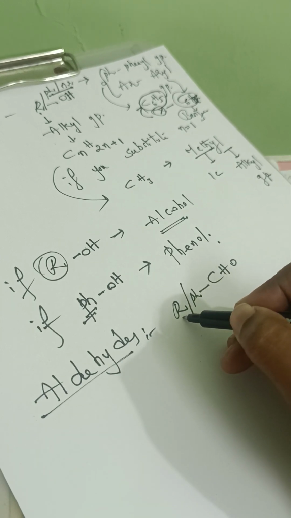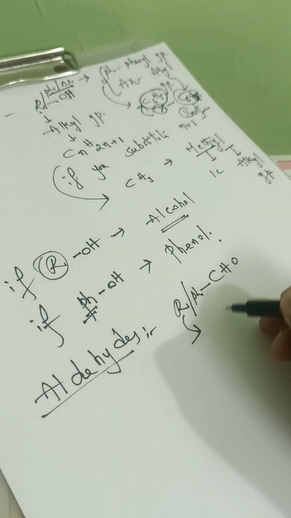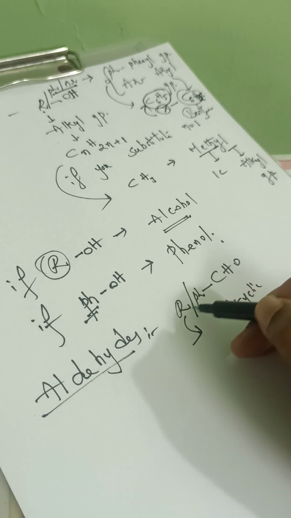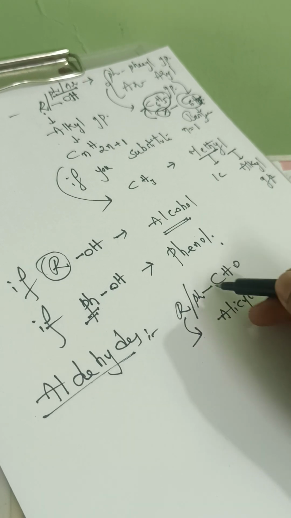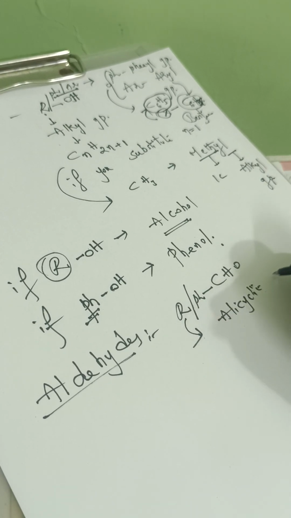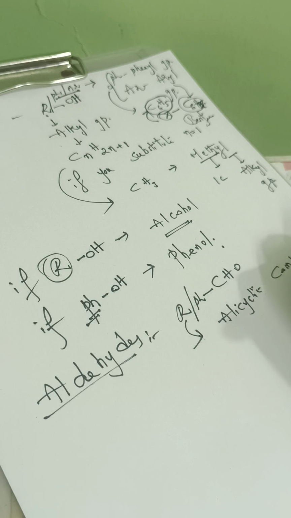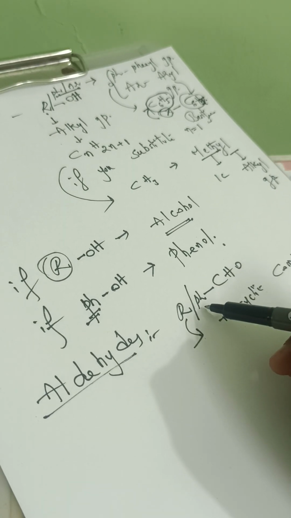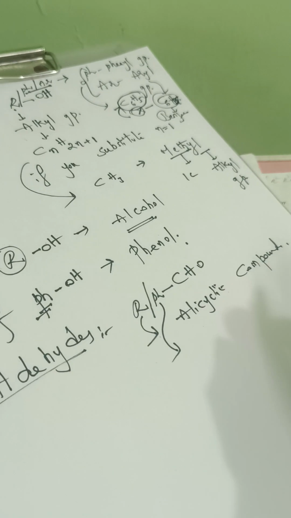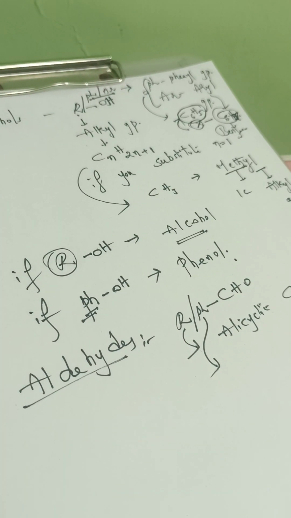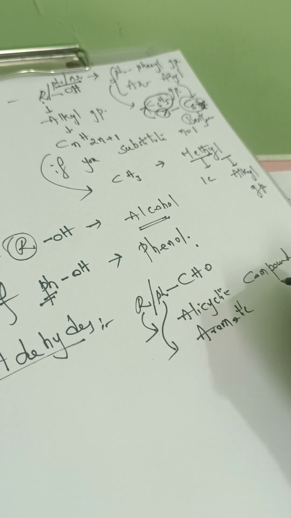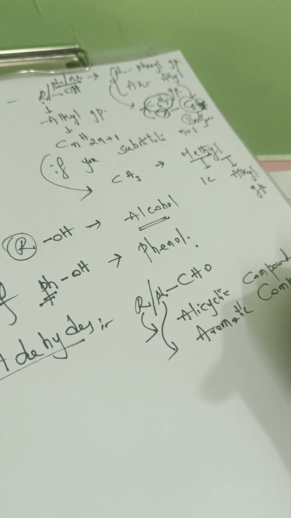If the group is R, that is, alkyl groups are attached to this functional structure, aldehyde, that will be considered as alicyclic compounds. If Ph is attached to this group, then the compounds will be termed as aromatic compounds.